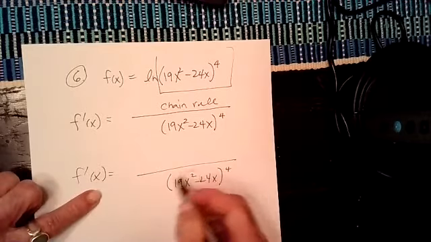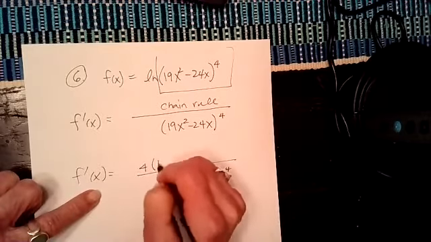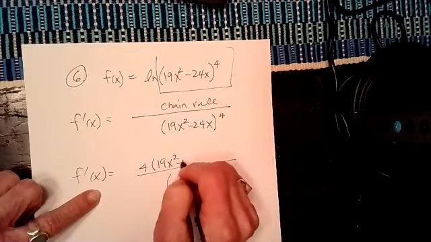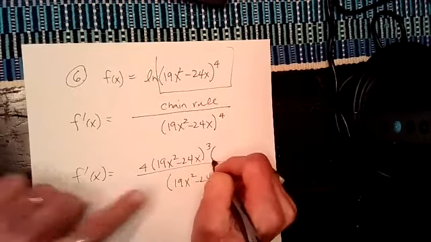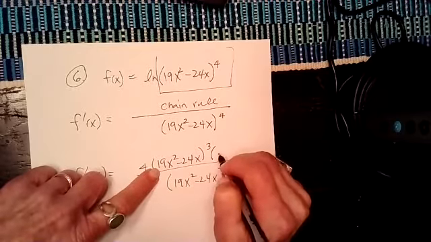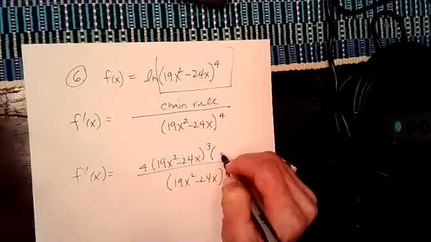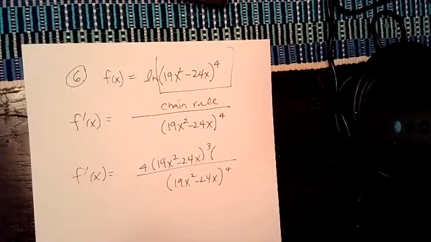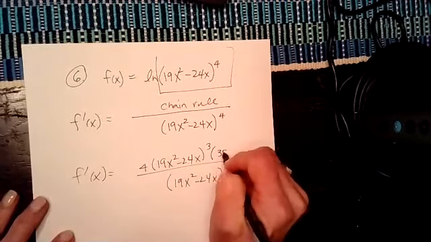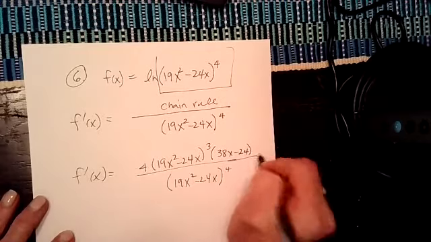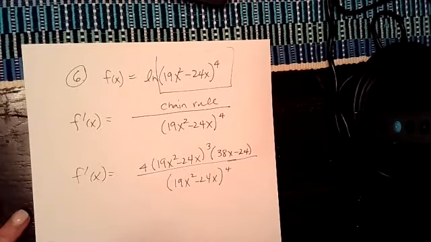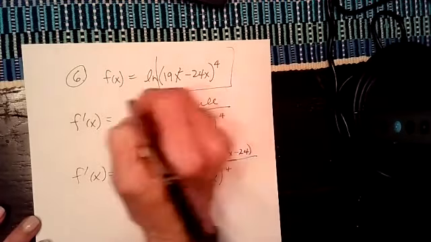So the chain rule, I multiply down times the inside minus 1 times the derivative of the inside. So 19 times 2 is 38, and I doubt myself, so I'll check it. Yeah, 38x minus 24. Okay, and you're good. Remember on these to make your fraction bar first.